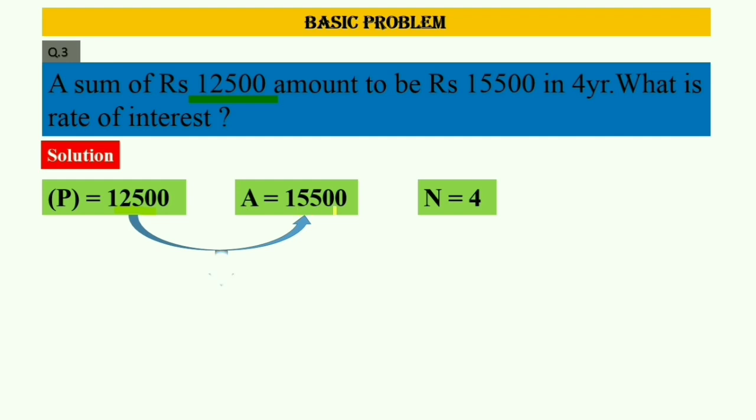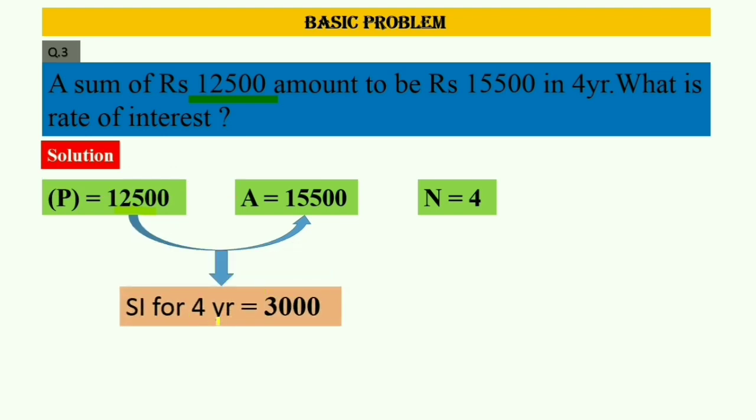So we can simply calculate the simple interest for 4 years. There is a gap of 3,000, and such a gap is called the simple interest. So simple interest for 4 years counts to be 3,000.